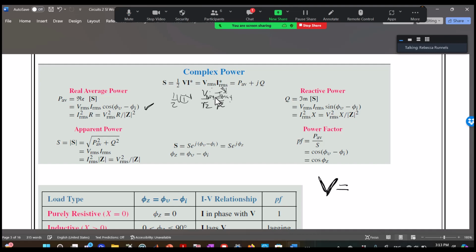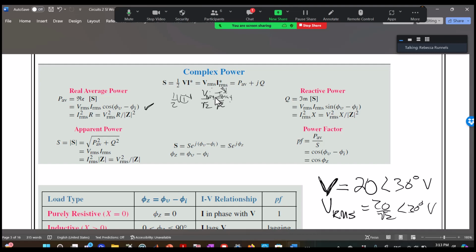Right. So if V equals 20 angle 30 degrees volts, V RMS equals 20 over square root of 2 angle 30 degrees volts. Well, how do we know which ones we use phasors and which ones we use magnitudes? I think he wants RMS. If he gives it to you, he will either give it to you with an RMS or not.